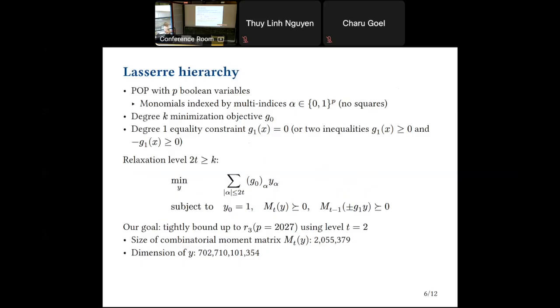Then you go ahead and formulate the usual semidefinite program from the Lasserre hierarchy. The level is t, and we need that 2t must be larger than the largest degree that appears, which is k. Our goal will be to use level 2 as well as we can.